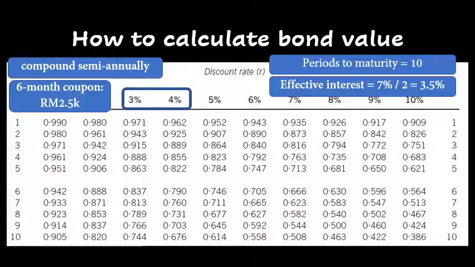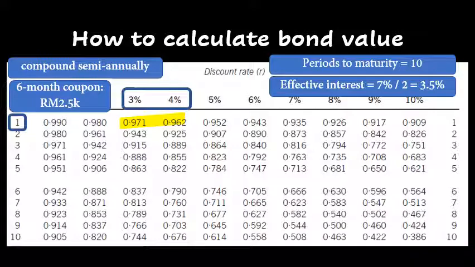The factor, therefore, will also need to be at 3.5%. Since in this table we do not have 3.5%, we need to do some calculation to estimate the value for 3.5%. For example, for period 1, the factor for 3.5% is between 0.971 and 0.962. Thus the difference is 0.009.